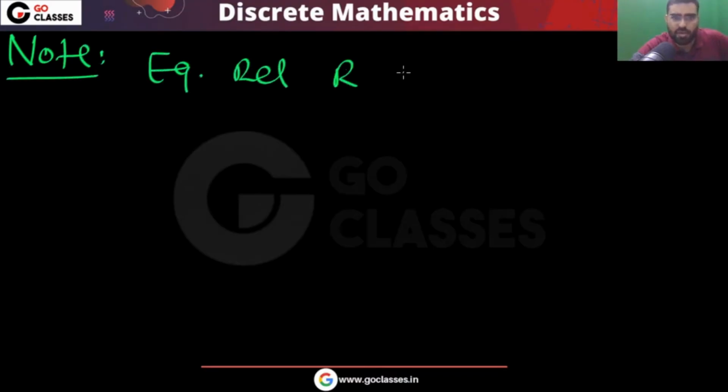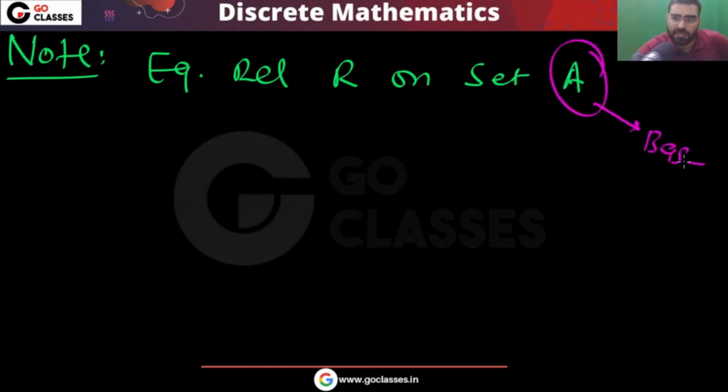This is the last note. If you have an equivalence relation R on set A, here A is our base set. Whose partition will happen, R or A?